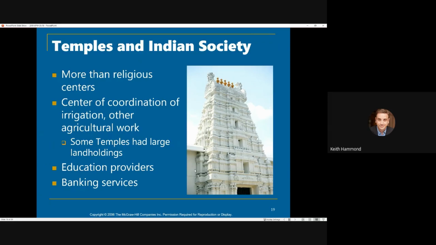Also, we'll notice that religion is where we see a lot of education being provided. Again, we're not at the point where everyone's getting educated, but it's where people can get educated. And then we're also going to see some temples work into banking services, which does make sense. You'd want to be able to trust whoever is handling the money and the transactions.